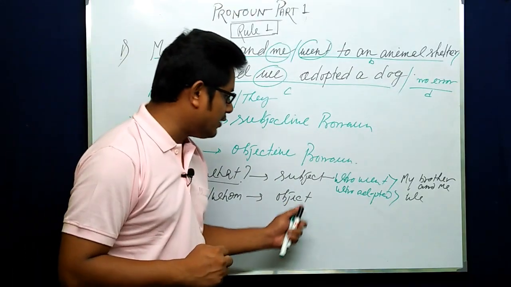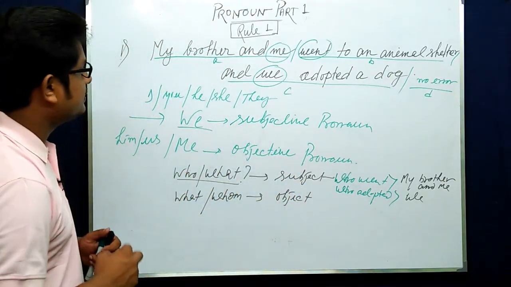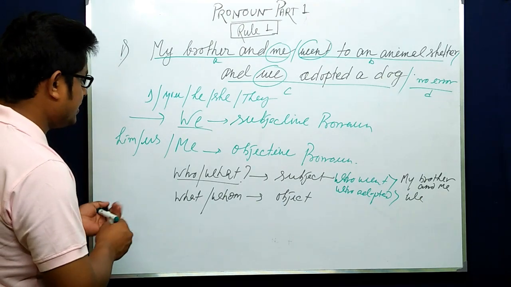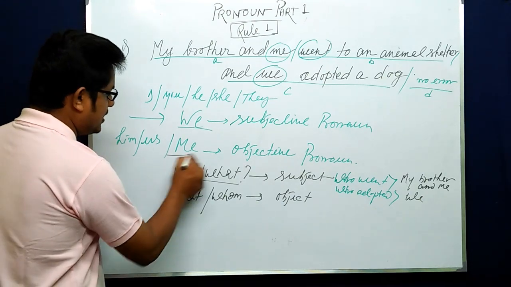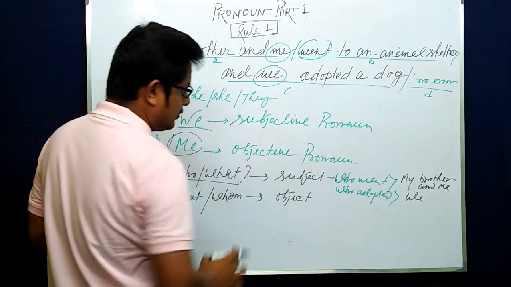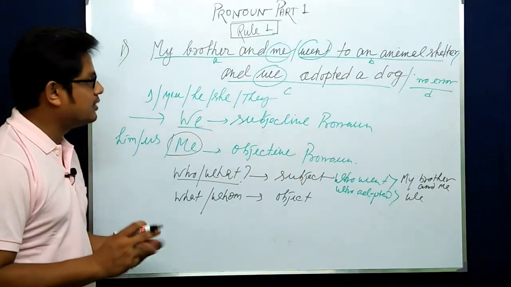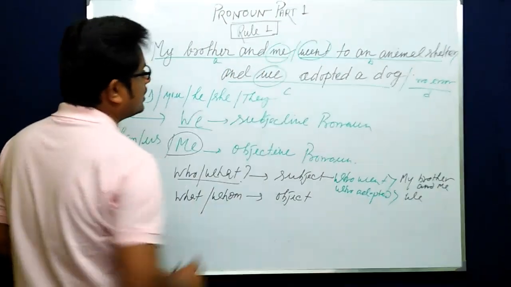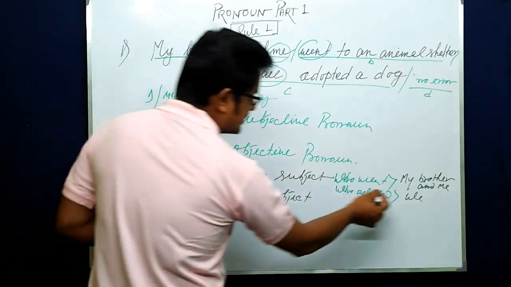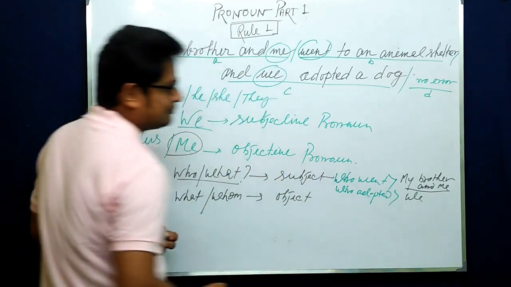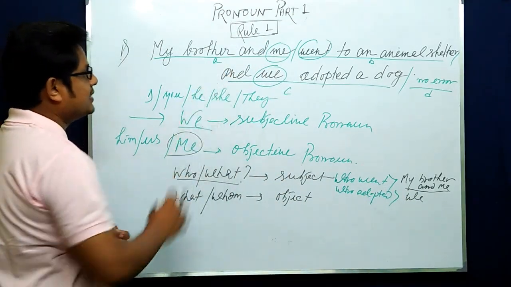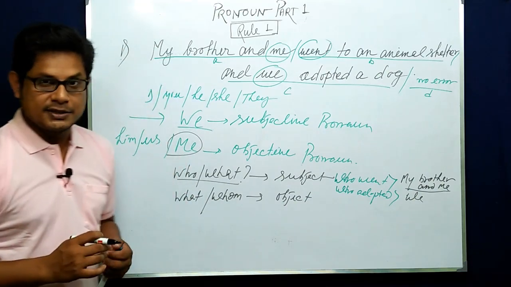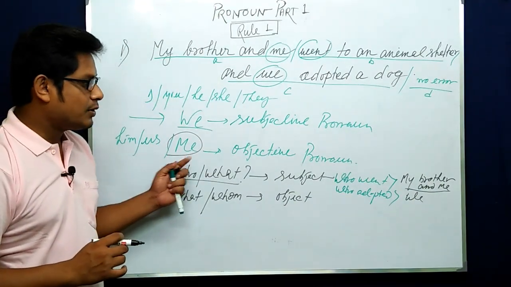Now we have already found the subject of the verb, but the thing is, I said that me is an objective pronoun. Me is not a subjective pronoun. But in this sentence, my brother and me, this pronoun is used as subjective, right? So me is used as subjective in the sentence, but me is not a subjective.